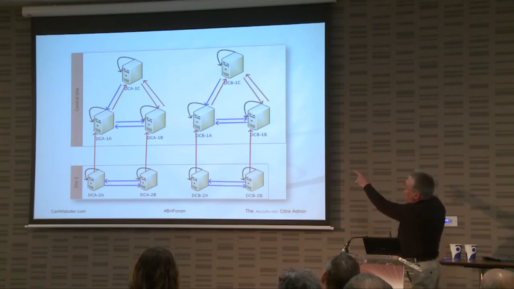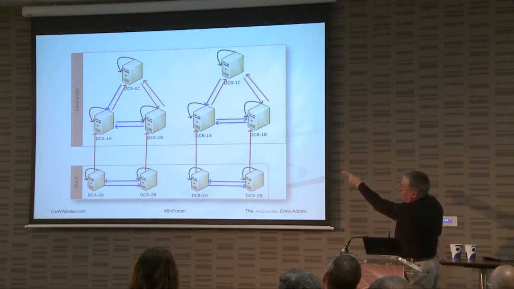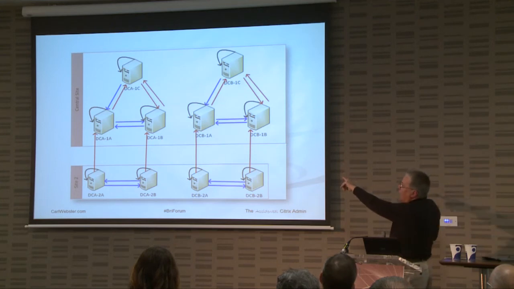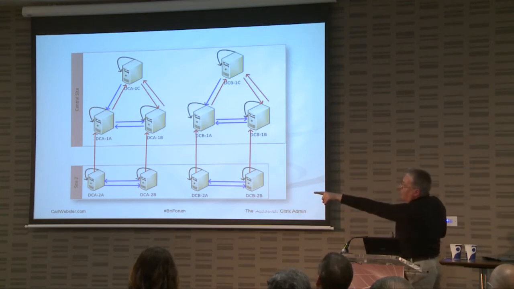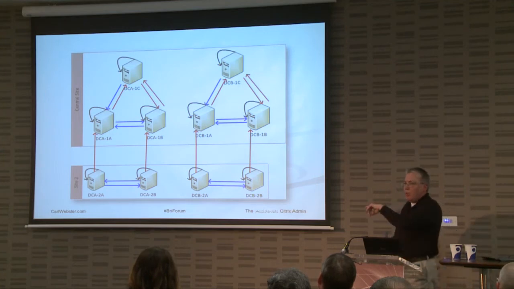And then over here, DCB 1A being the PDC emulator, 1B and 1C will go to 1A. 1A is the only other domain controller that will go all the way across and go over to DCA 1A for authoritative time, because the PDC emulator never goes to itself for time.